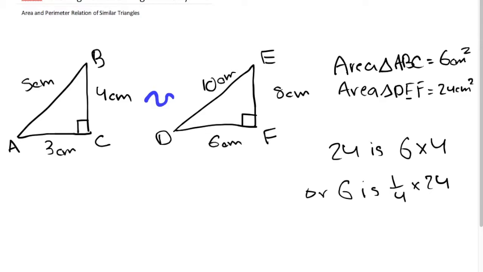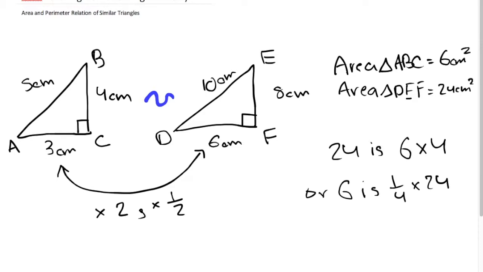The scale factor is basically the relationship between two sides of similar triangles. Between side AC and side DF, we know that the scale factor is times 2, because you have to multiply side AC by 2 to get side DF. Apart from that, you could also multiply side DF by 1/2 to get side AC.